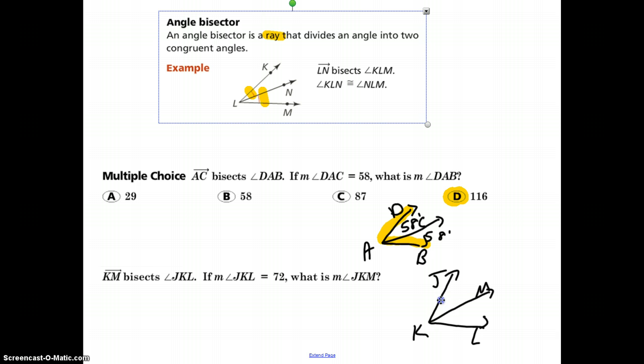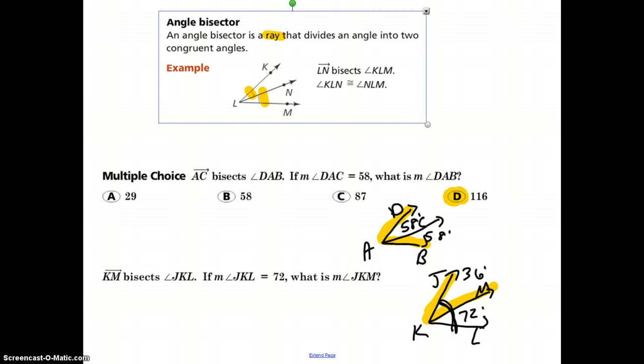So anytime you see this arc that goes all the way across the big one, that's letting you know the big angle measure is 72 degrees. And the question is, what is the measure of angle JKM? Well, since this is an angle bisector, I know that these are cut equally in half. So what is half of 72? It's 36 degrees. Good. So the measure of angle JKM is 36 degrees.